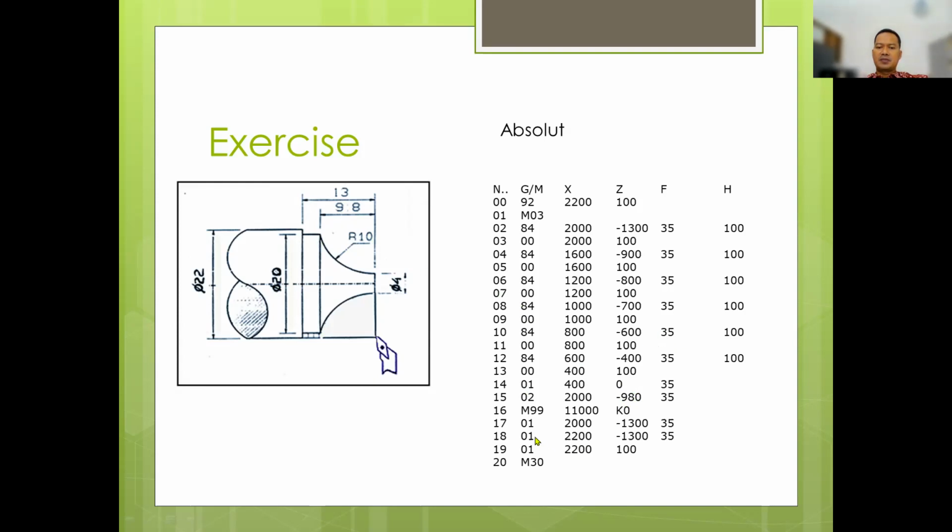And then M99, the I is 11 with the distance of the vertical line. You can see this is the 22 divided by 2, you get 11. And then the K is 0 because the starting point coincides with the center point of the circle.